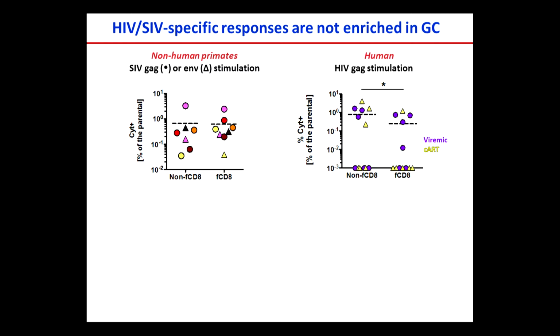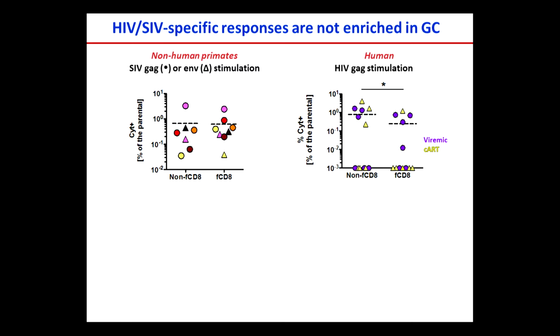This shows that in non-human primates, with gag or envelope stimulation, the non-follicular CD8s and the follicular CD8s look exactly the same. Exactly the same thing is true if you look in humans in the lymph nodes. So there's no specific enrichment in the germinal centers of HIV or SIV specific CD8 T cells.